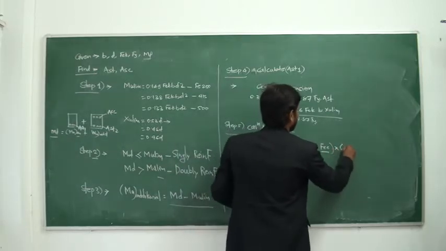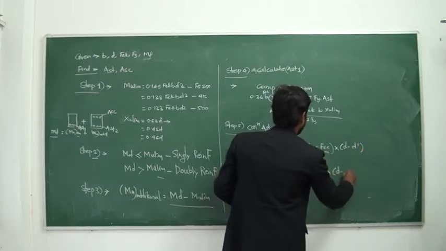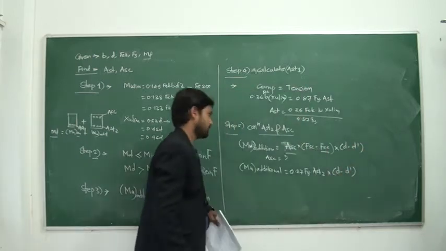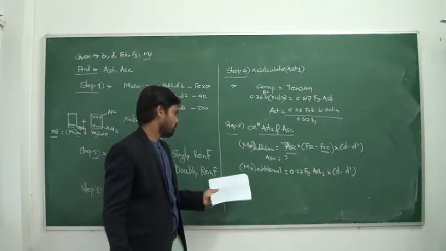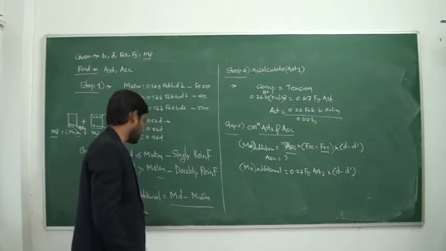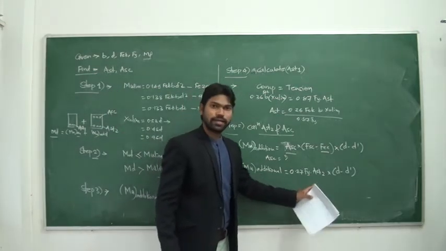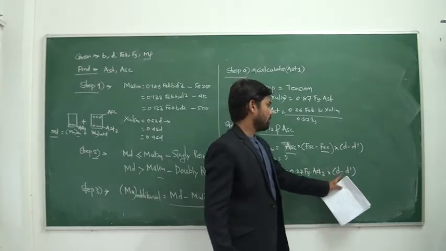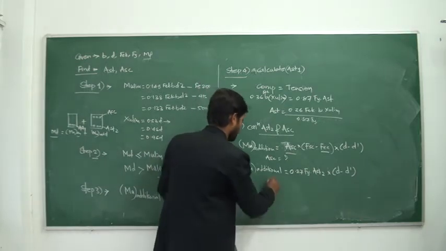Sorry, I forgot to write the equilibrium here. If you substitute all the values, the mu additional value you can put here, the Fy value you can write according to the grade of steel, d minus d dash, you will get AST2.